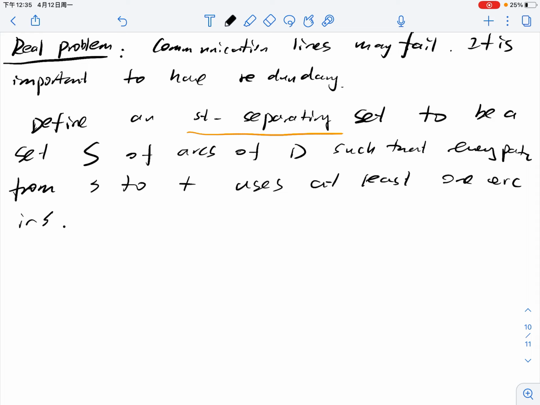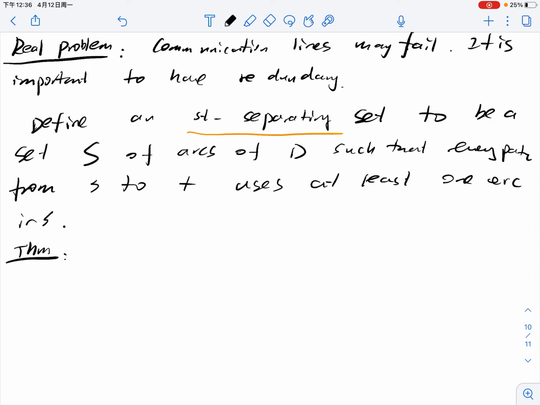When they find all the lines in this set are broken, they will take steps to fix it, because from the definition, whenever those lines are broken, the communication is stopped.